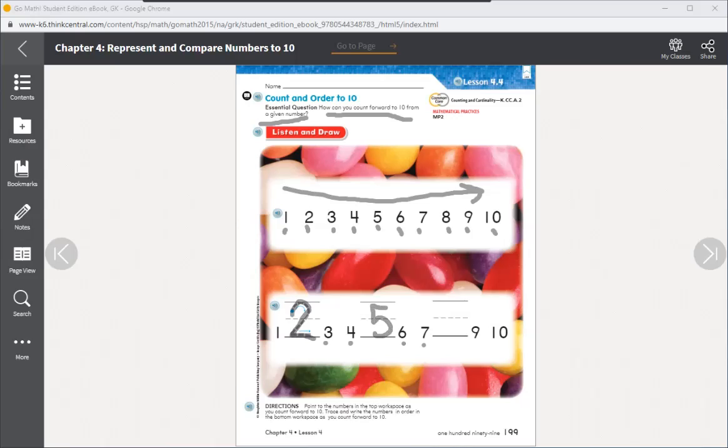What comes next? 8, 9, and 10. So we counted forward and filled in the missing numbers. So let's make sure we have it correct. 1, 2, 3, 4, 5, 6, 7, 8, 9, 10. Yes, we do. We have it all correct. Okay. Once you finish that, move on to the next page.